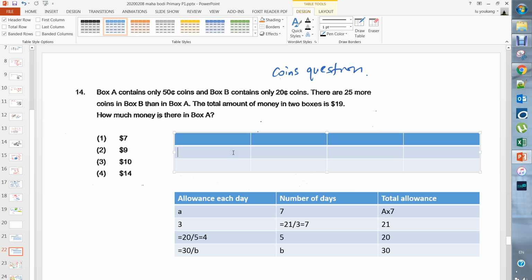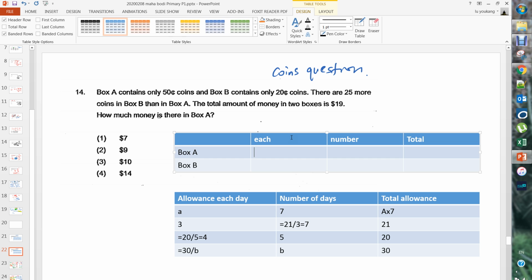Can you see that in this case you have box A and you have box B, right? Now it says box A, so basically I still need to use each number total, right?